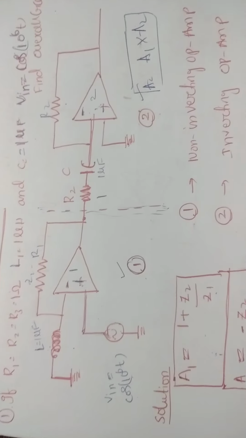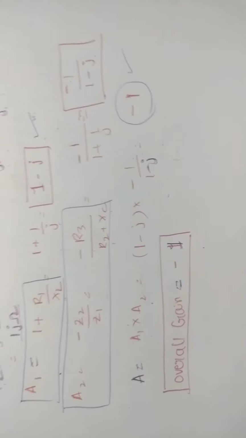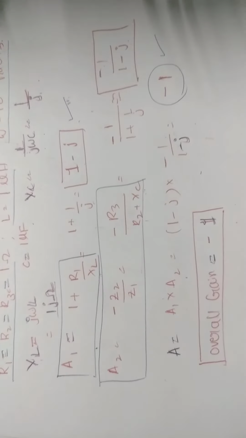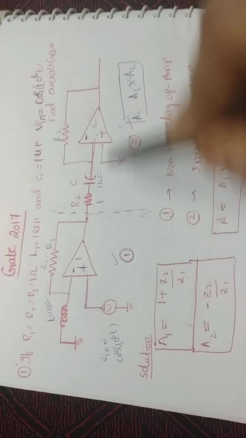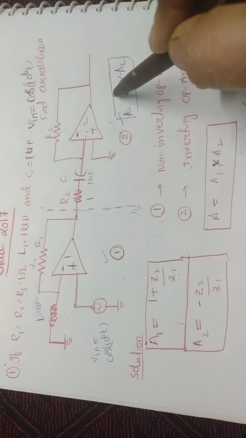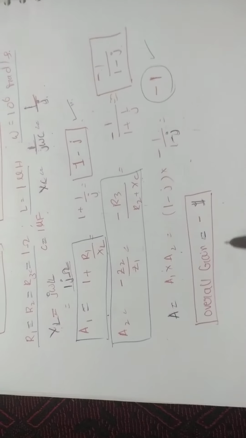You can identify the inverting and non-inverting configurations of the operational amplifier, apply the basic formulas, substitute the values, and finally you will get the answer. So the overall gain of this given circuit is the product of the individual gains: the gain of the first circuit A1 into the gain of the second circuit A2. So A is equal to A1 into A2, that is minus 1.